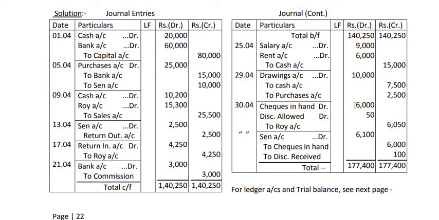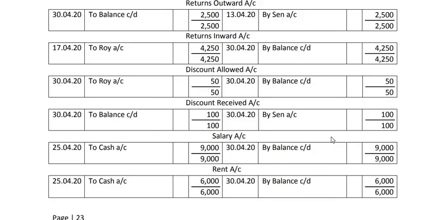In cheques in hand account we shall write to ROI, not this amount. We have to write this amount to ROI. And again in cheques in hand account we have to write by sales, but not this amount. We have to write this amount. So in cheques in hand account first we shall write to ROI 6,000, and then we shall write by sales 6,000.